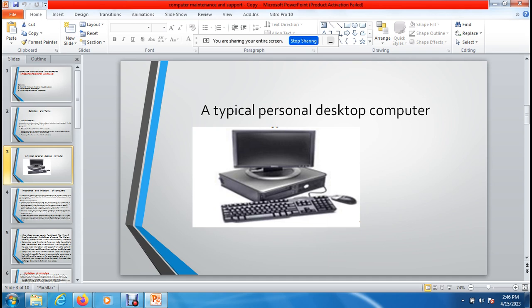We have the system unit, mouse, and the keyboard. So that is a desktop computer, and as you can see on your screen, it holds the physical parts, the tangible parts, also known as hardware.